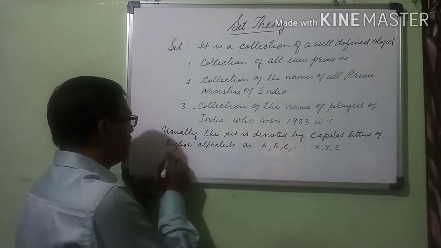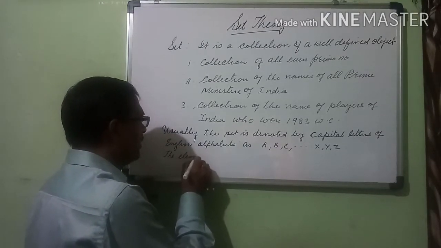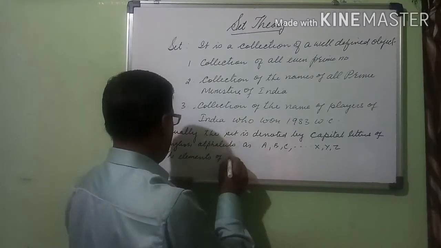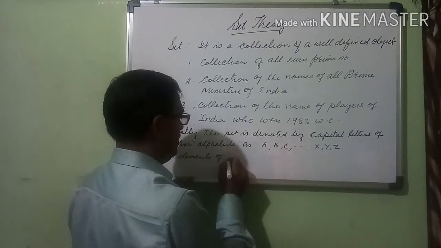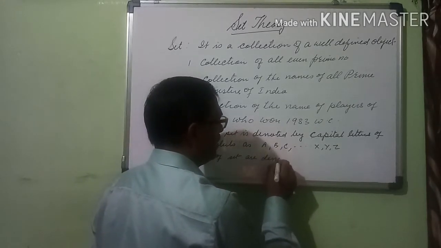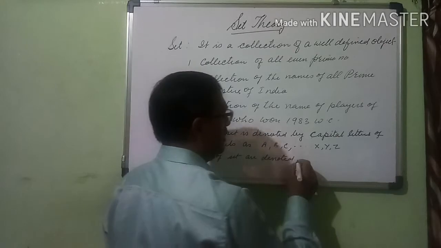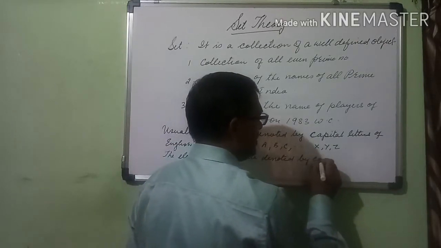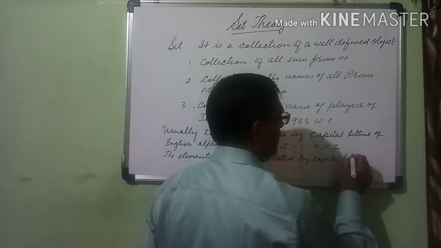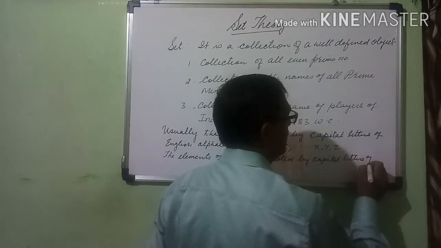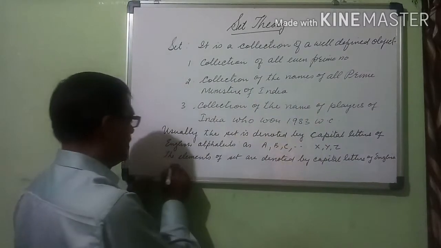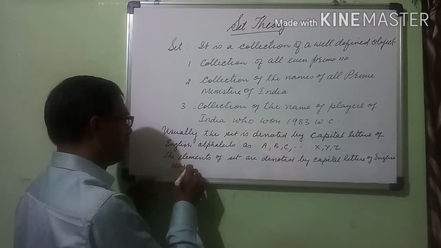The elements of a set are denoted by small letters of the alphabet.